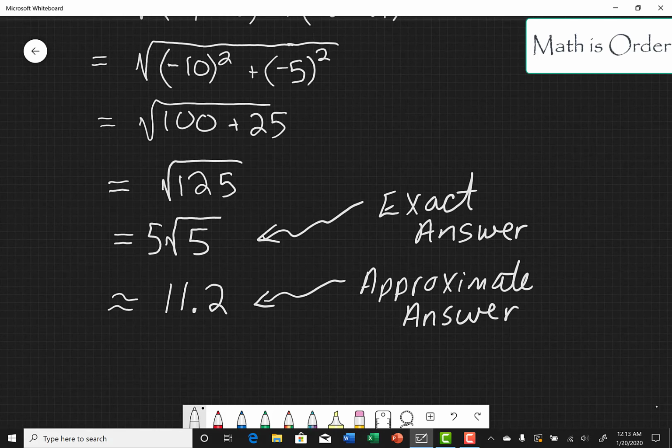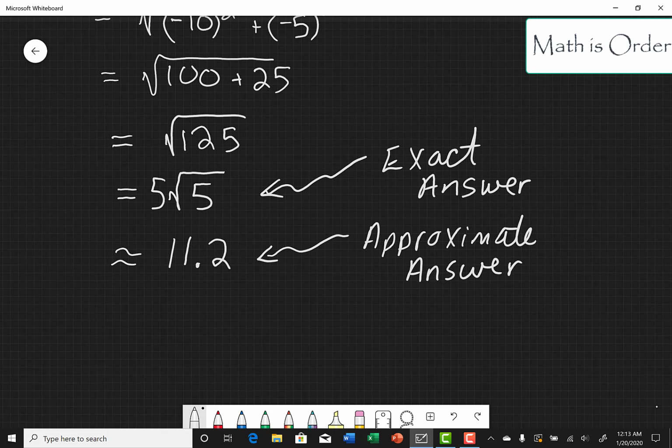Some textbooks or some questions that have multiple choice answers, they might have an answer choice that only has an exact answer in it. So that's why it's useful to know how to write the distance as an exact answer or as an approximate answer.